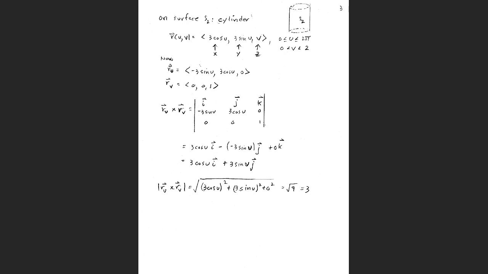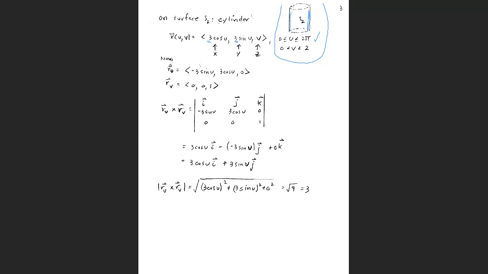All right, here's a picture of my cylinder here. S sub 2 now, we're just talking about the side part of the solid. So the radius is always 3 on this tin can, right? And of course, u is going to vary between 0 and 2 pi. That'll get me my circles.